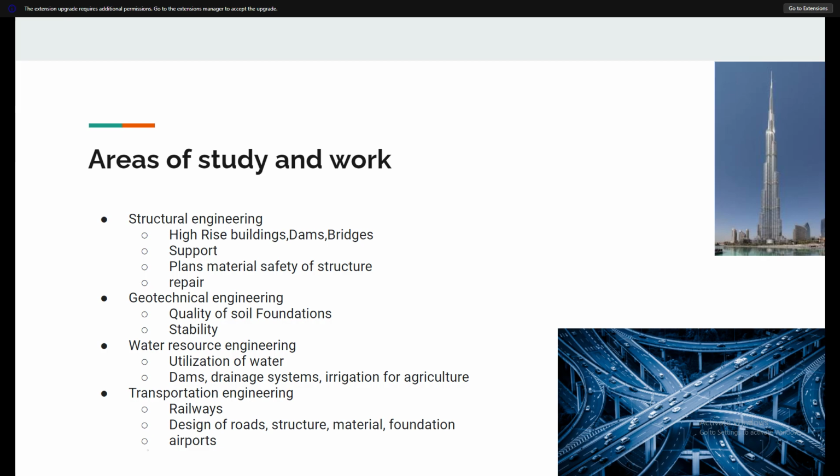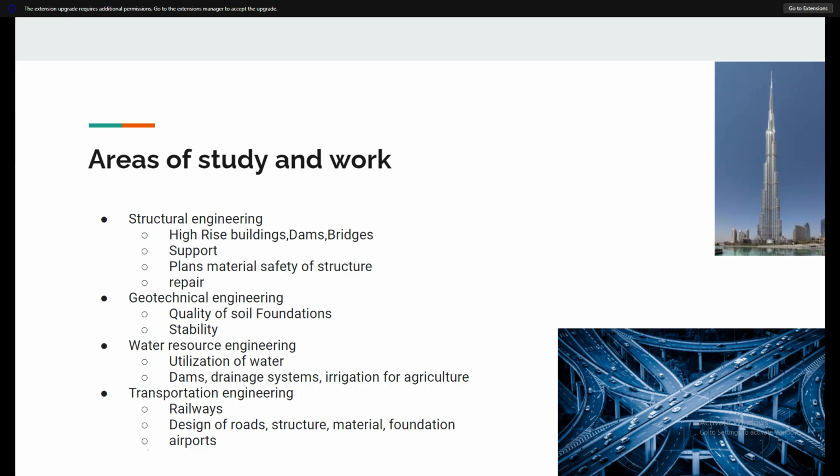And another one is transportation engineering, which is basically the design and maintenance of transportation systems, so like railways, airplanes, roads, and all of that. Basically, they determine the construction of roads.